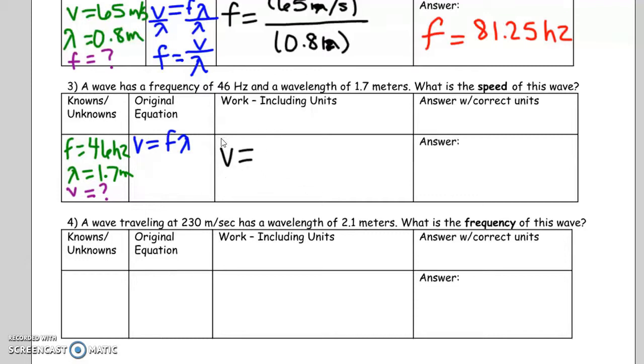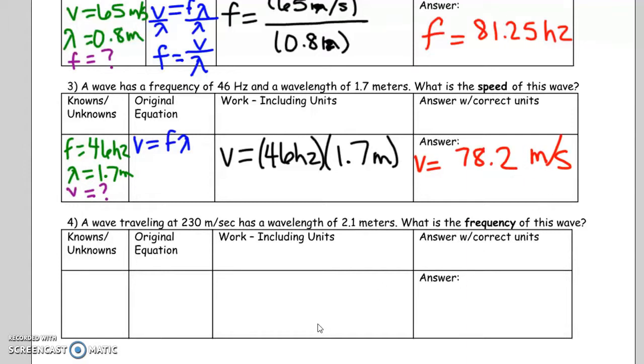Showing my work, speed equals 46 hertz times 1.7 meters. When I plug that into a calculator, my velocity comes out to be 78.2 meters per second.